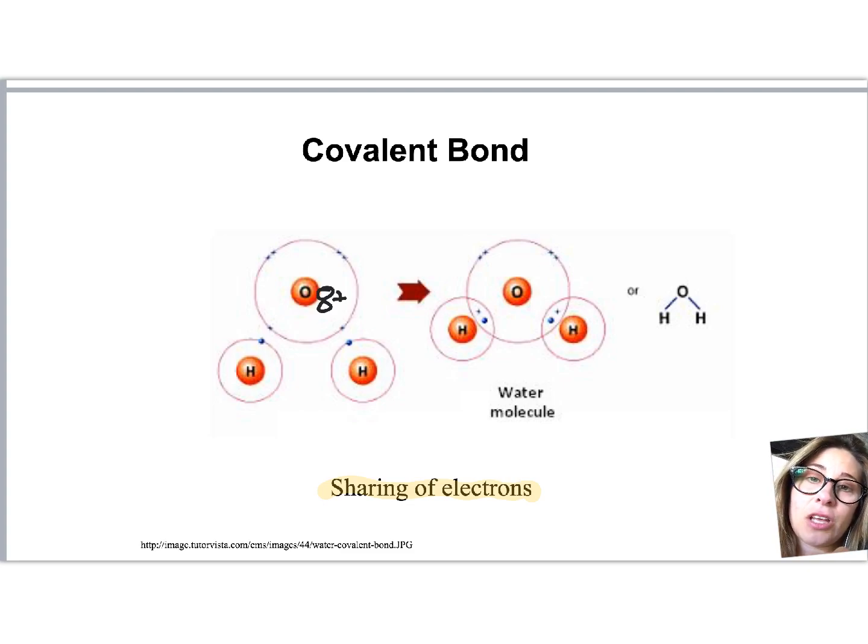Remember, we have the inner valence shell that has 2 electrons, so we only have 1, 2, 3, 4, 5, 6 electrons on the outer shell, right? So it makes sense. When it comes to oxygen, it's kind of what we call an electron thief. It's really well known for stealing electrons from other molecules.